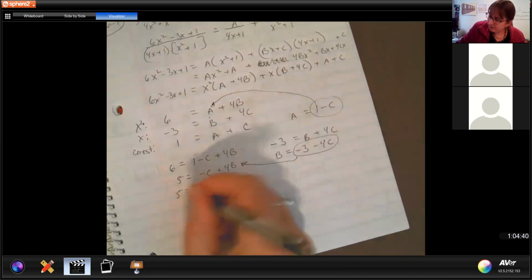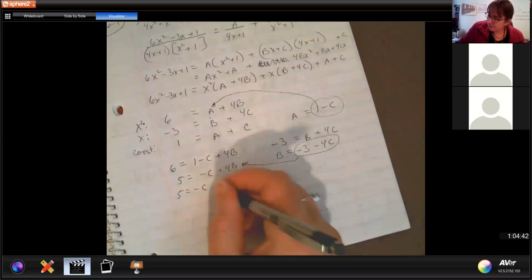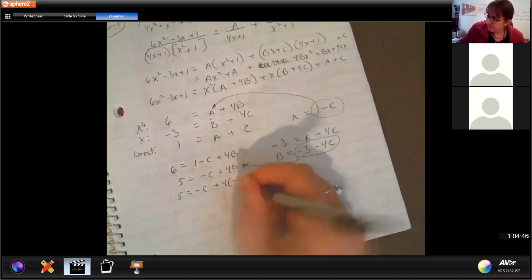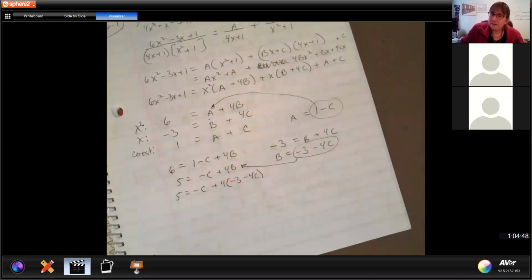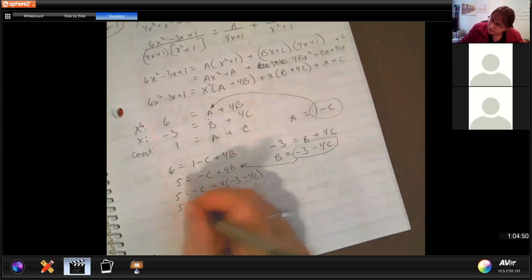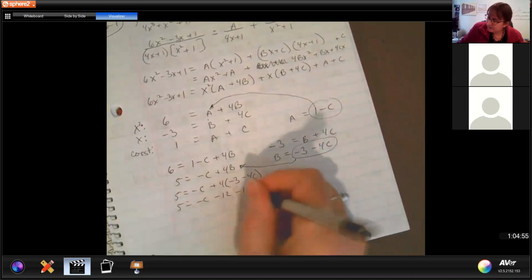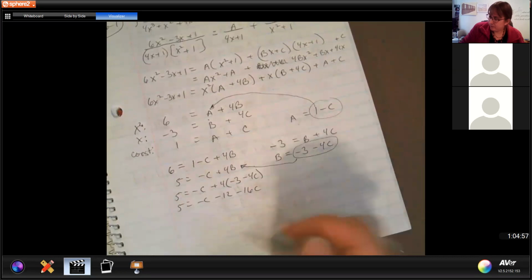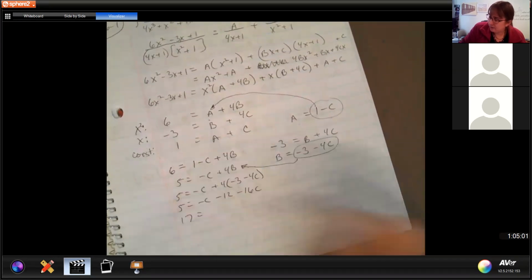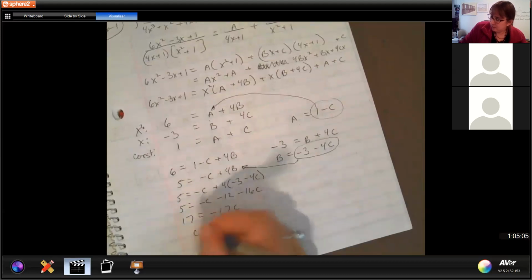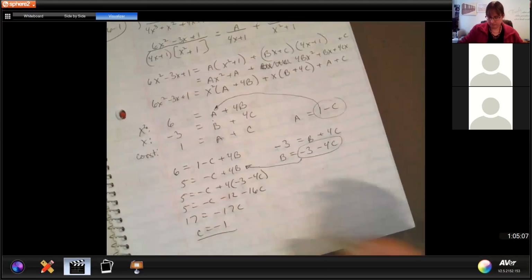So now I got 5 equals negative C plus 4 times B, which is negative 3 minus 4C. Simplify. 5 equals negative C minus 12 minus 16C. So I got 17 equals minus 17C. C equals minus 1.